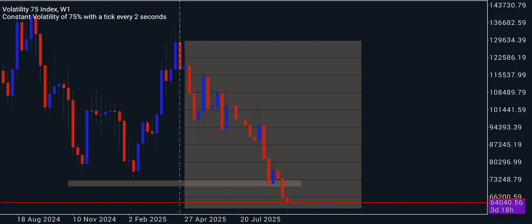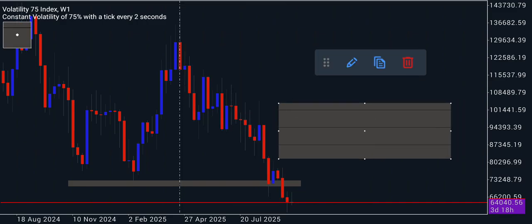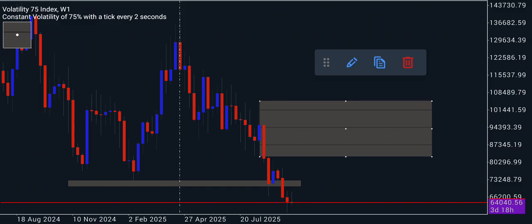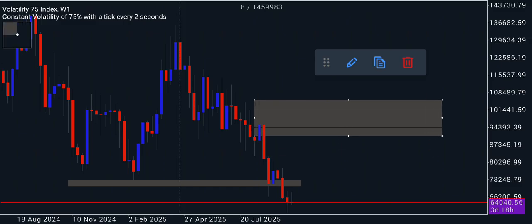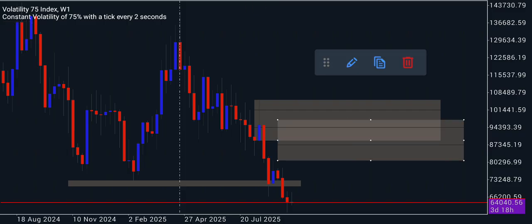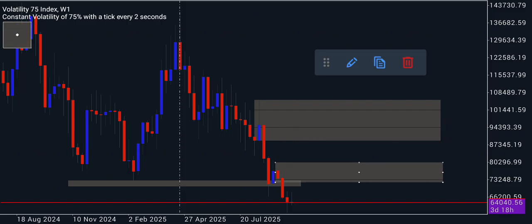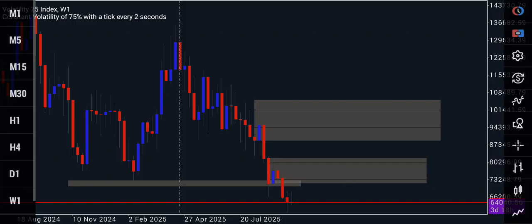But here we have two key points we can mark. This is one of them, a possible area for the market to retrace to. And this is also another key area, an immediate area. So let's go to the daily time frame and see.